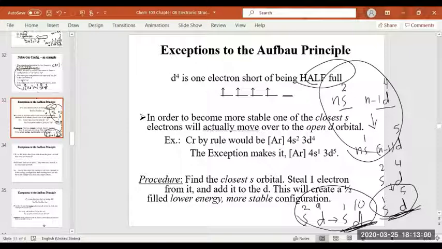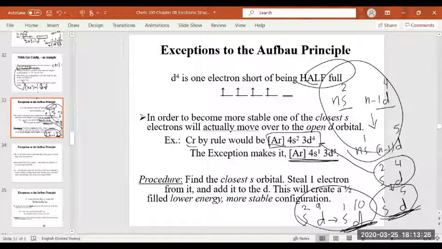So for example, for chromium, this is the regular electron configuration for it: argon inside a bracket, 4s2, 3d4. But look here, what we said: if we have this situation, s2 d4, we will make it an exception and do it as s1 d5.